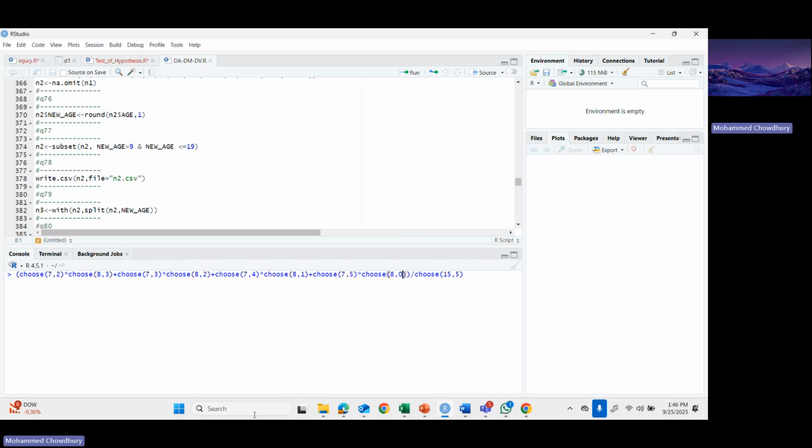This is the beginning and this is the ending of the whole numerator part, and the rest I'm just adding. Hit enter, and you will get this result.